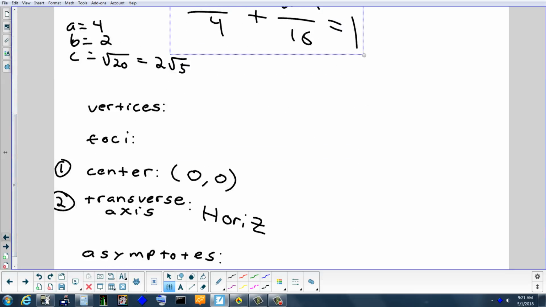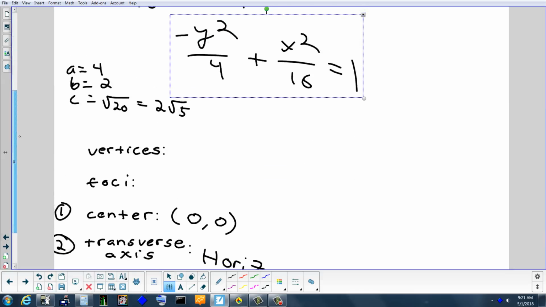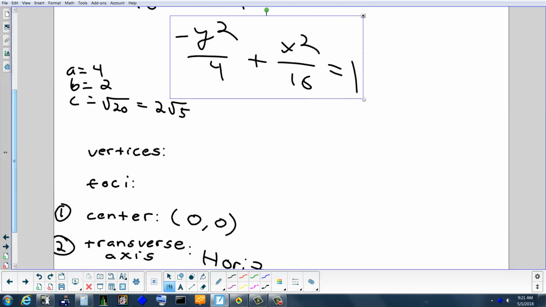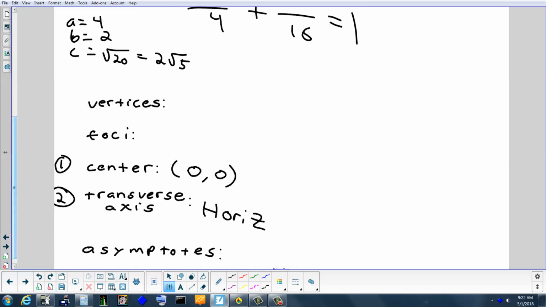All right. Vertices. Gracie, how far are the vertices from the center? Yep, the vertices are 4 units away. In this case, in the horizontal. That means left and right. So my vertices are going to be positive and negative 4, 0.